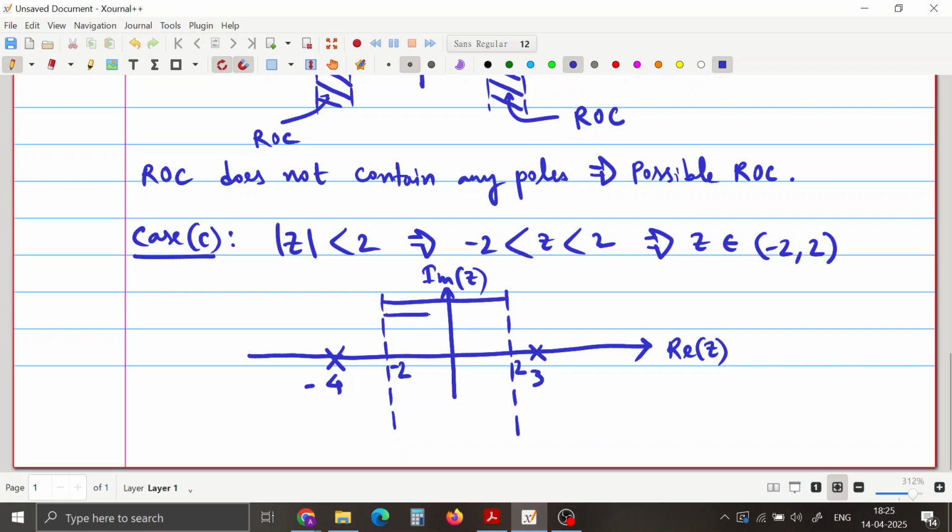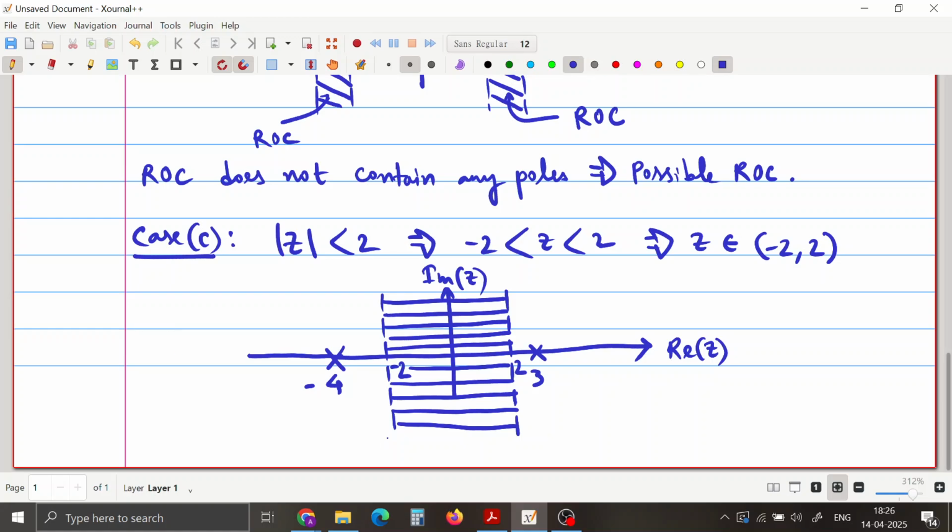So it's like this. And again, from the ROC, we can say that the poles are in fact lying outside the ROC. None of them are located inside the ROC.